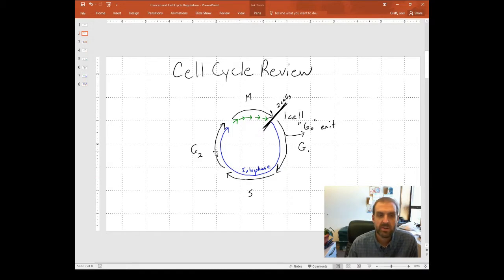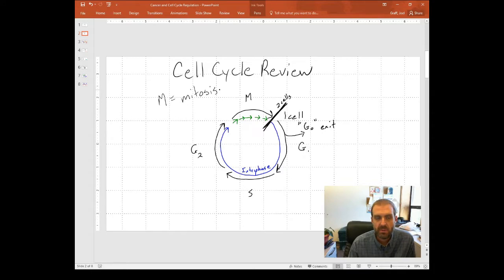Then we're going to move on to G2, which is another gap phase or growth phase. And then the final stage of the cell cycle is labeled M here, but that's short for mitosis. So M equals mitosis.